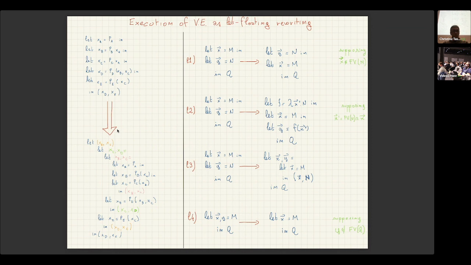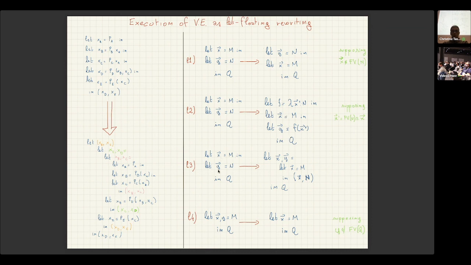The standard ones are just let floating rewriting, which is quite well known in the community of compilation of functional programming. So here you have the commutation of two lets that do not depend on each other. So it's quite a simple one. Here we have the possibility of commuting a let that depends on some variables defined before by introducing this functional dependence here.